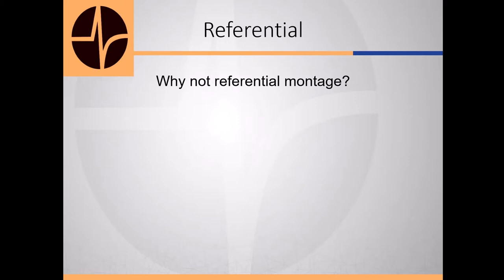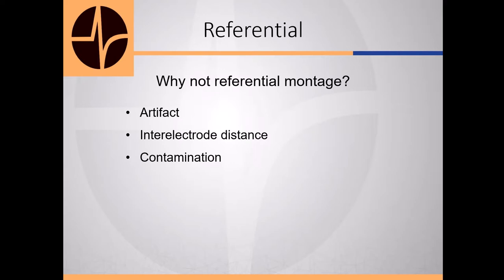So why don't we use a referential montage? Because of artifact, interelectrode distance, and contamination. So if the reference electrode is producing artifact, it's going to show up in all electrodes, all channels. Interelectrode distance will be different.